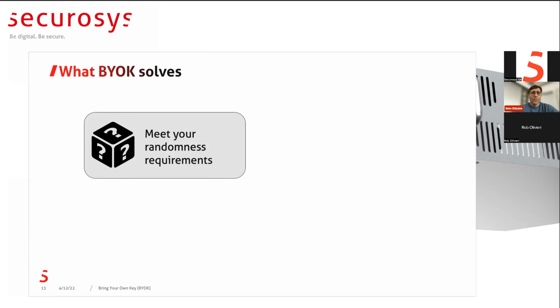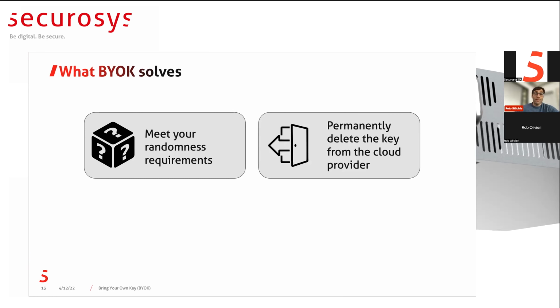This randomness might have to come from a hardware device. Second, you might have to contend with the idea that one day you might have to remove yourself completely from that cloud. And if you do that, you must be able to take all encryption keys with you.